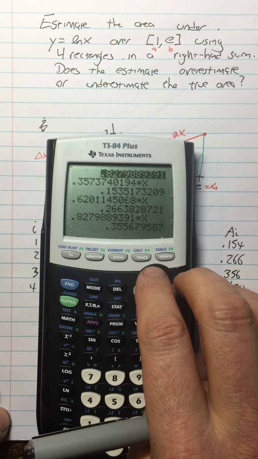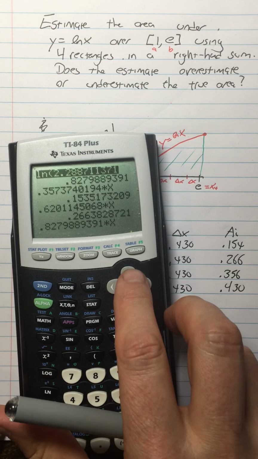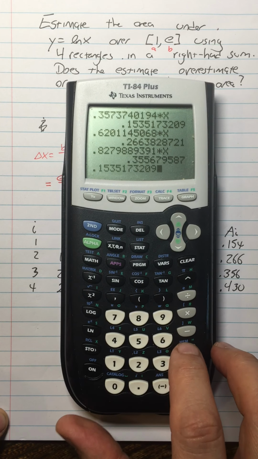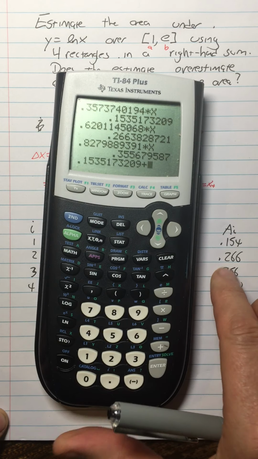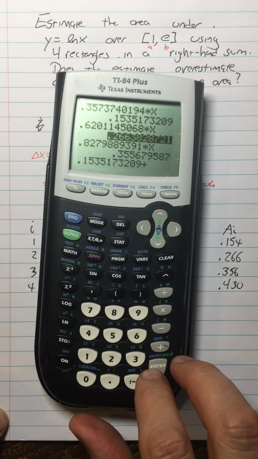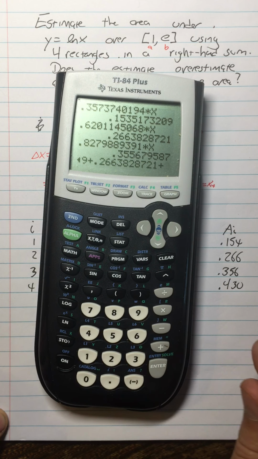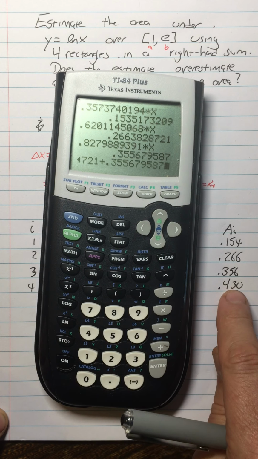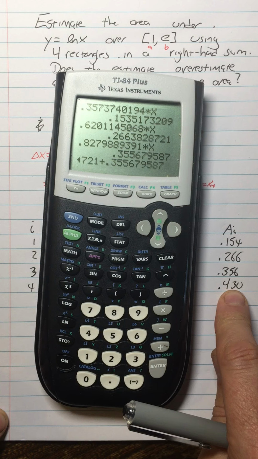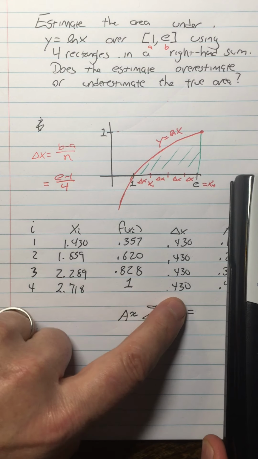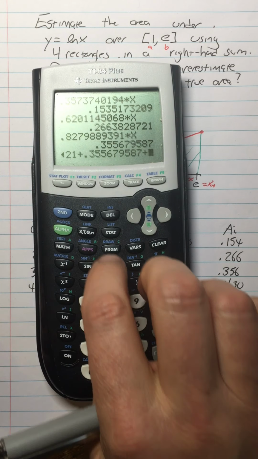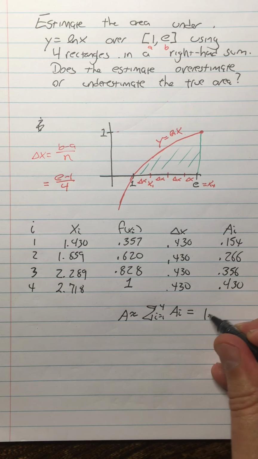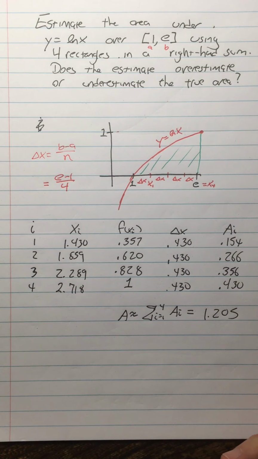The first number is the 0.154, plus the 0.266 number, plus the 0.356 number, plus the 0.430 number, which was my delta x, because it's just 1 times delta x. So I can just say plus x. And I get 1.205. That's my right-hand sum estimate.